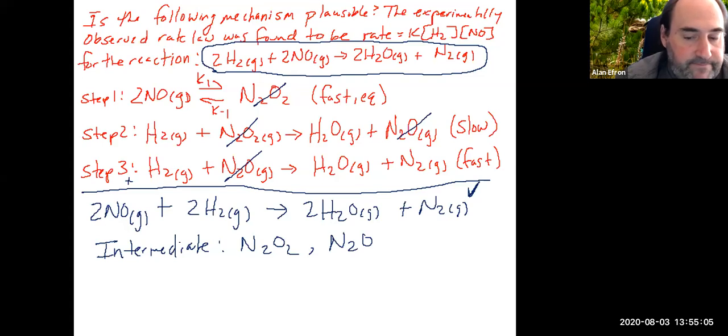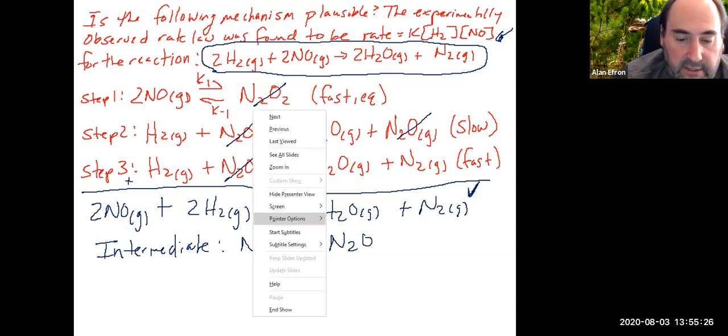Now, a couple other important things is what we know is that the rate law for the rate determining step should match the one that was found experimentally, which was also given to us over here. And we also know that the rate determining step is going to be the slow step in the mechanism.